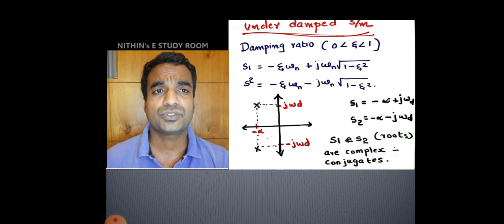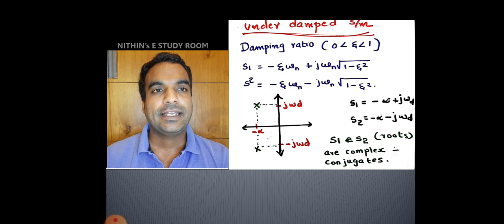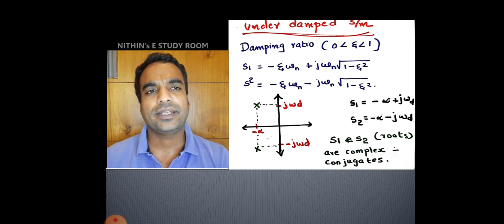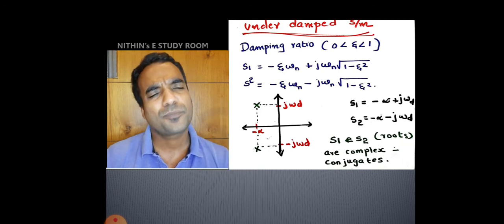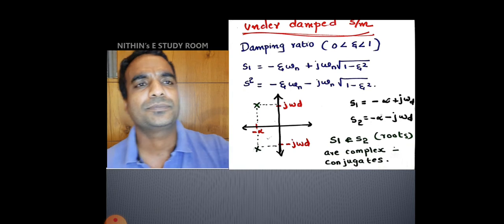So S1 and S2, the equations are already known: minus eta omega n plus or minus j omega n root 1 minus eta square. In that, suppose your eta value is 0.5 or 0.7 or 0.2, any value in between 0 and 1. Please substitute that value.